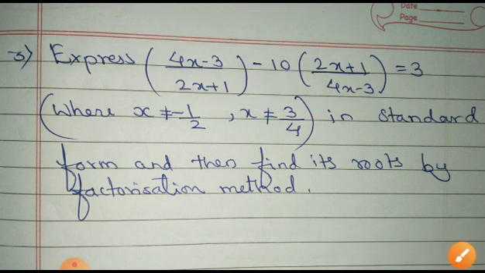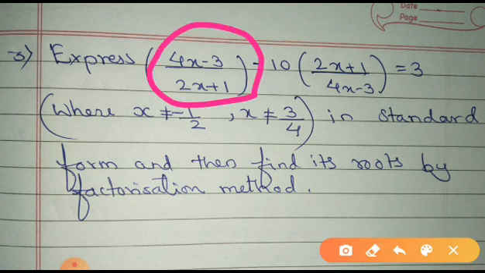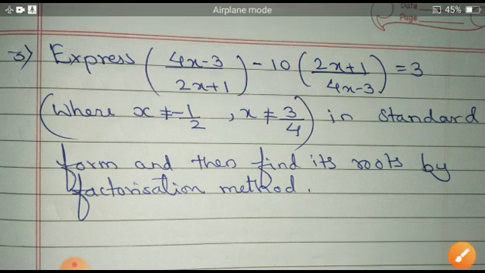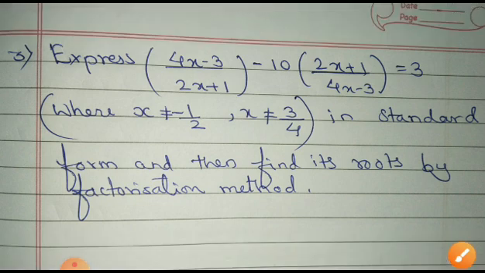And then that denominator you can take to the right hand side and simplify it. Or the other method is, see here, the numerator is 4x minus 3, the denominator is 2x plus 1. If you check the next term, is it a reciprocal of this term? Yes, that is the reciprocal of 4x minus 3 by 2x plus 1.